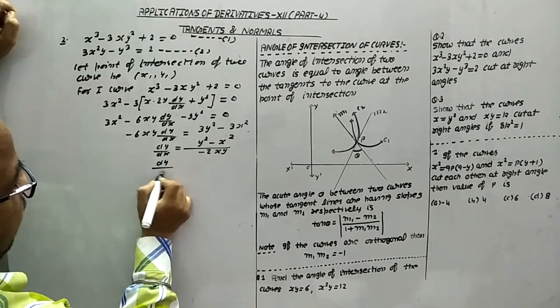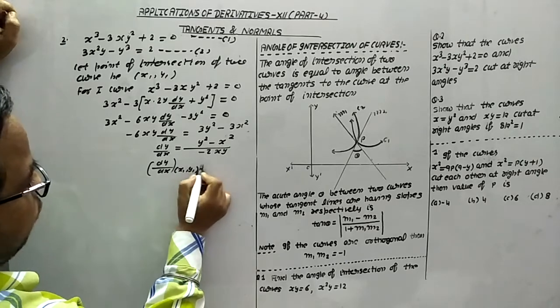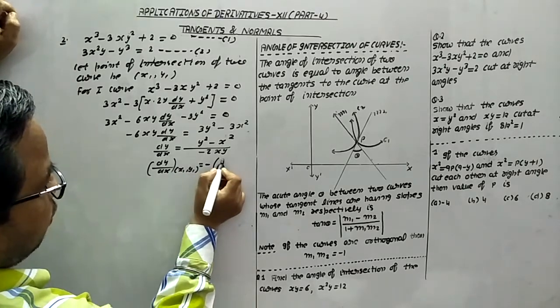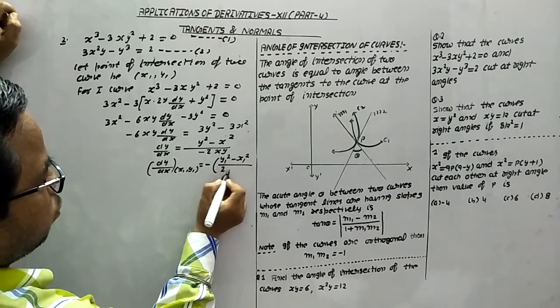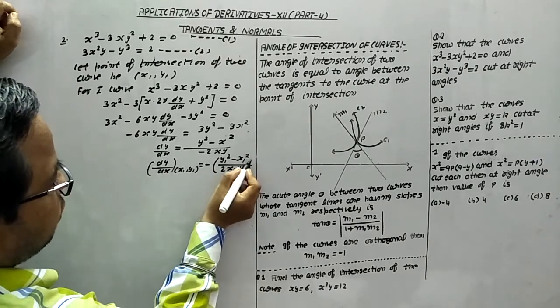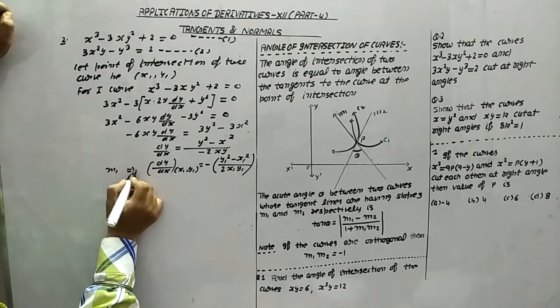It means dy by dx at (x1, y1) is equal to minus (y1 square minus x1 square) upon 2x1 y1. So this is m1. You can say this is equal to m1.